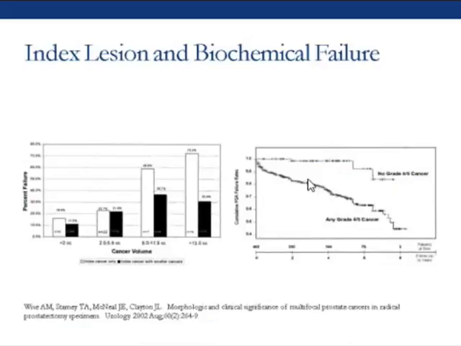So this suggests that lesion size or the index lesion may predict the biology of the disease. And then I show the graph on the right, just demonstrating the importance of Gleason grade 4 and 5 in predicting the biochemical failure rate with regards to prostate cancer.